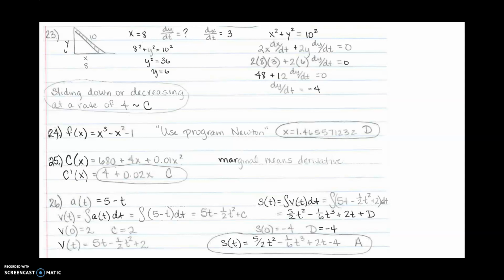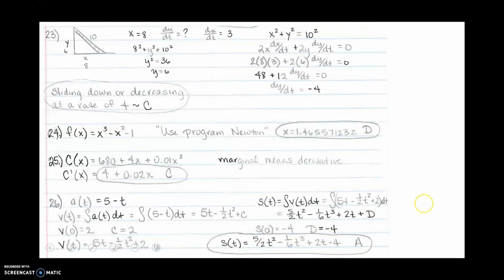So I'm going to do plus d because if I did c, that would mean that it was positive 2. And d does not have to be positive 2. So they told me that s of 0 was equal to negative 4. So if I put 0 into my function in the place of t, I'm going to get 0 minus 0 plus d. And they told me that when I plug that in, my answer would be negative 4. So that means d equals negative 4. So let's put negative 4 right there. And then that gives us our position function.